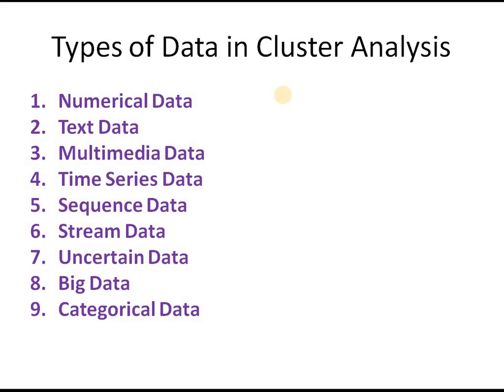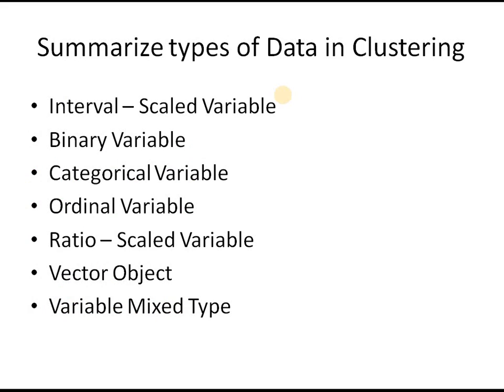The answer is numerical data, text data, multimedia data, time series data, sequence data, string data, uncertain data, big data, and categorical data. We can conclude all these different data into these categories. Summarized types of data in clustering: interval scaled variable, binary variable, categorical variable, ordinal variable, ratio scaled variable, vector object, and mixed type variable.